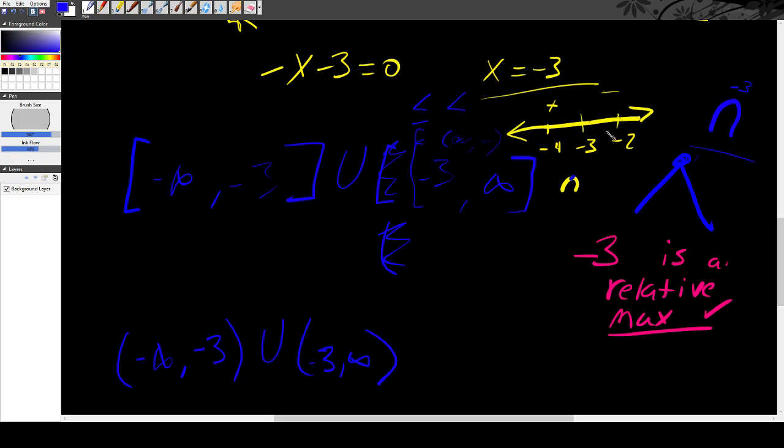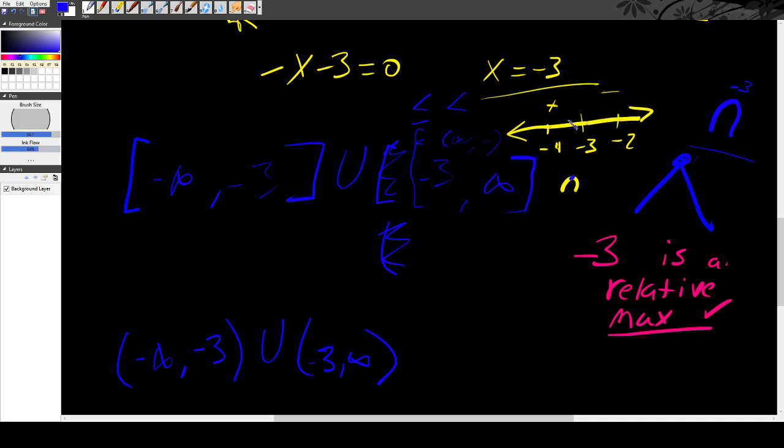Some calculus textbooks actually say that if it's equal to 0, it technically counts as positive or negative. I usually use brackets because I don't care. But if your teacher tells you not to use brackets, don't. Most teachers don't care, and the AP exam doesn't care for the most part.